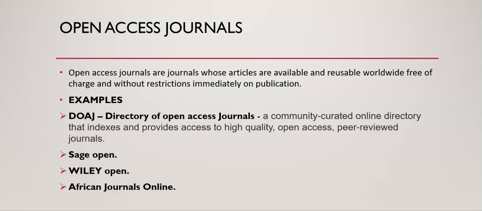If you go on Google and type directory of open access journals, it will direct you to the site and you can access these resources free of charge. And then there's also Sage Open, Wiley Open.